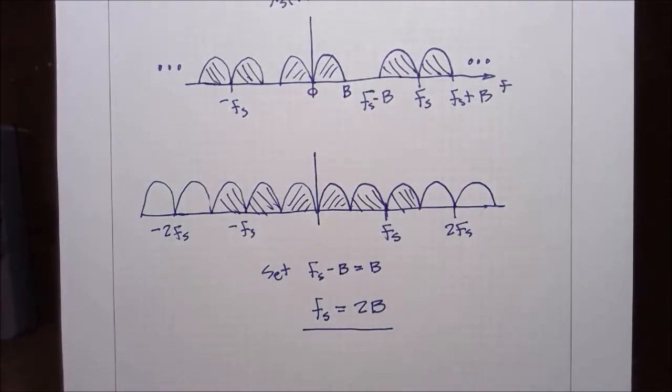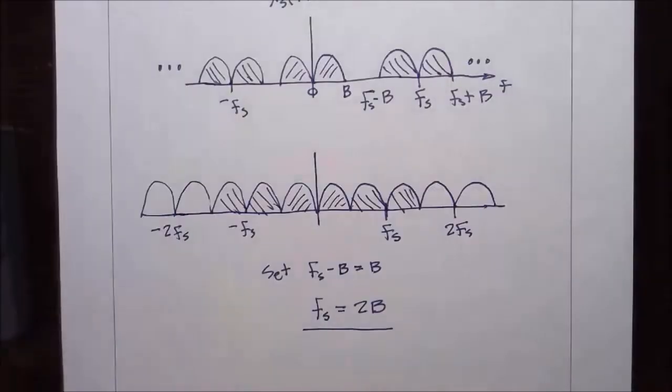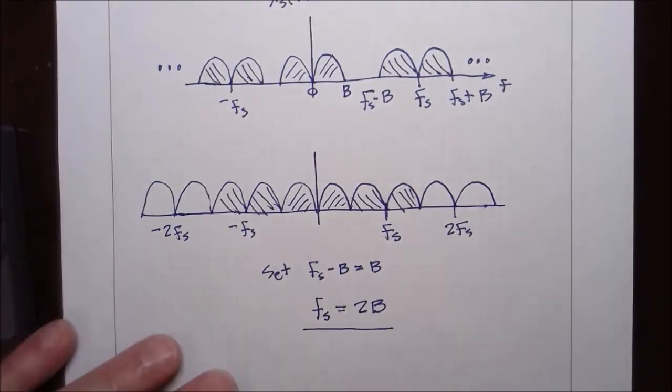So our original message signal has a certain bandwidth. The minimum sampling rate is twice that frequency.